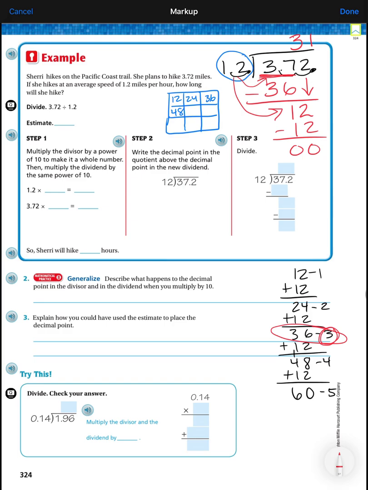Because I moved my decimal point 1 space here, I would move it 1 space here, and my answer would be 3.1. So Sherry will hike 3.1 hours.